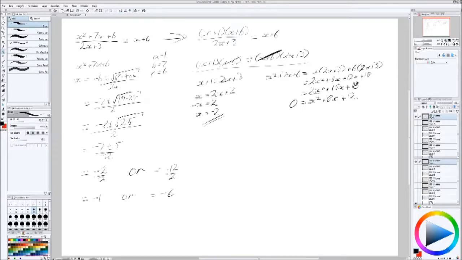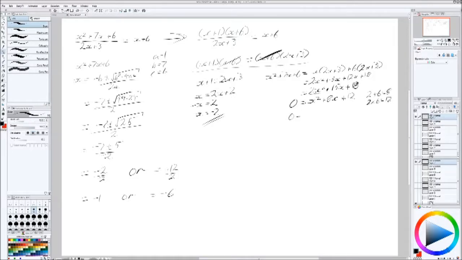Now for factorizing this, we could use the quadratic formula, but I can already see that there's a pair of factors of 12 which added together equal 8, which in this case is going to be 2 and 6, because 2 plus 6 equals 8 and 2 times 6 equals 12.